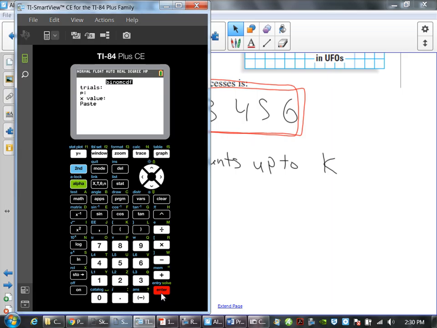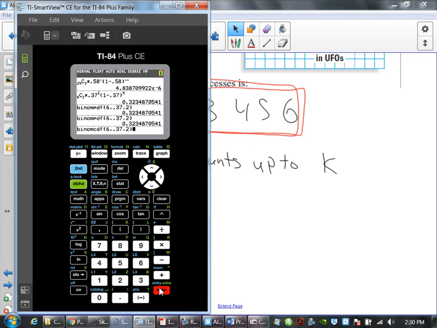And it's going to accumulate from 0, 1 to whatever your k value is. It counts up to k. So we had 6 trials, the p-value was 0.37, and I want to count up to 2. Same deal for what you're putting in your parentheses: number of trials, whatever your p-value is, and what you're counting up to.